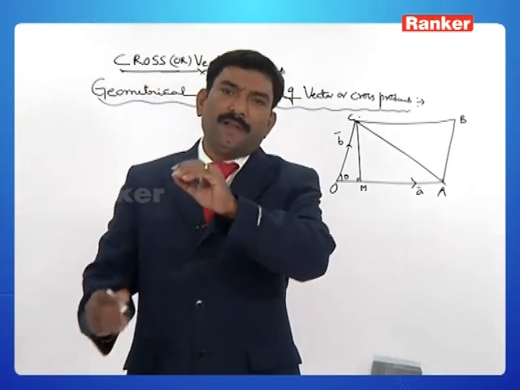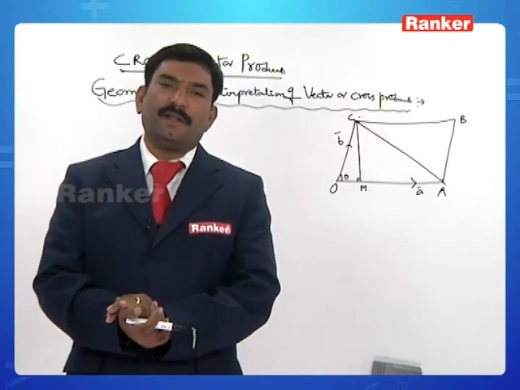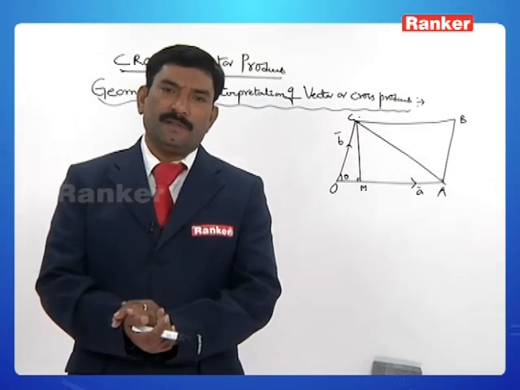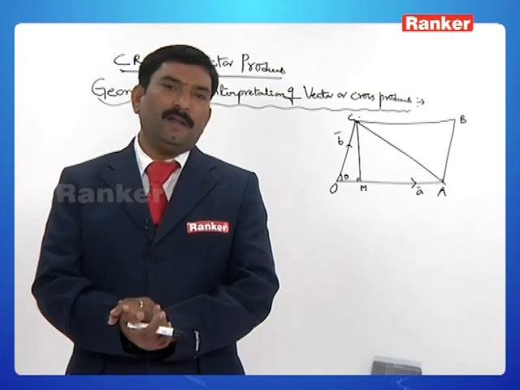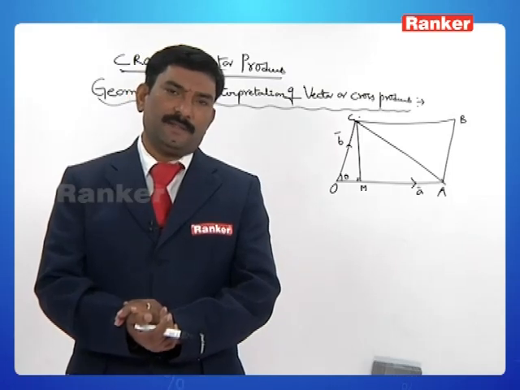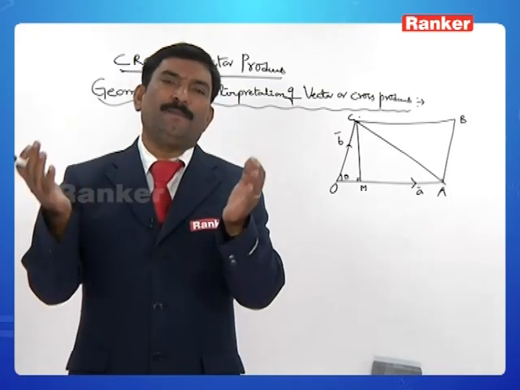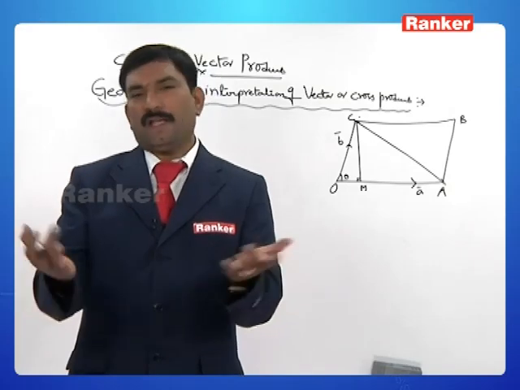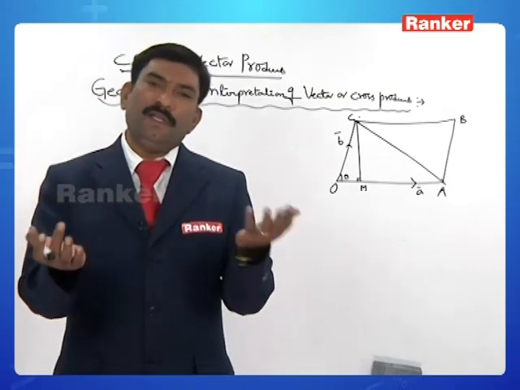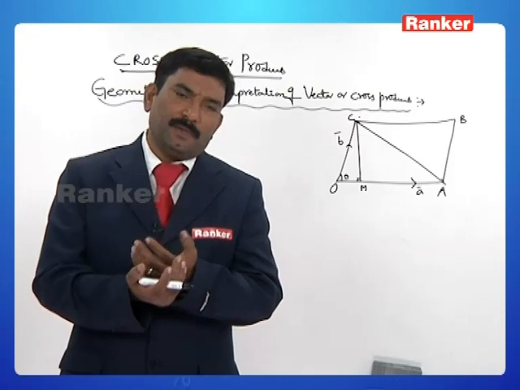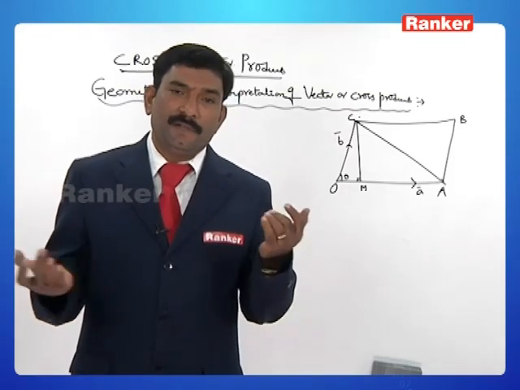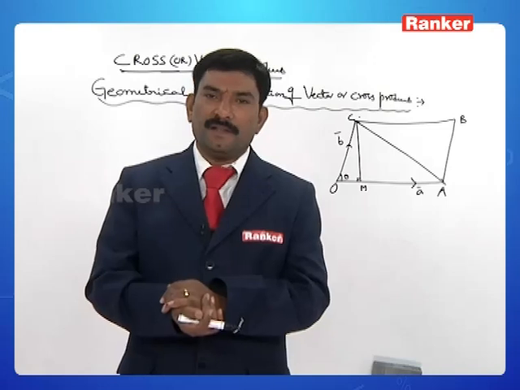The geometrical interpretation of vector or cross product can be interpreted as the area of a parallelogram, and as well when you know the area of a parallelogram, you can also find out the area of a triangle.